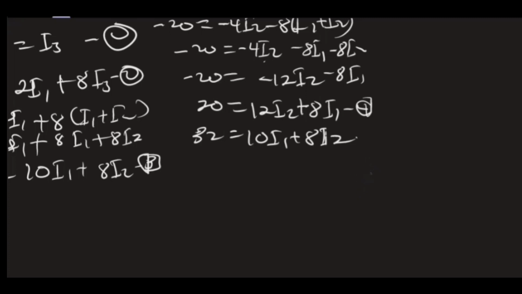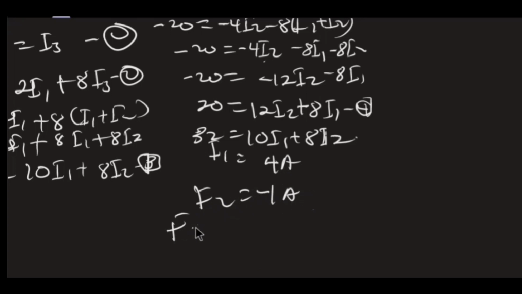So my I1 is equal to 4 amperes. My I2 is equal to negative 1 amperes.